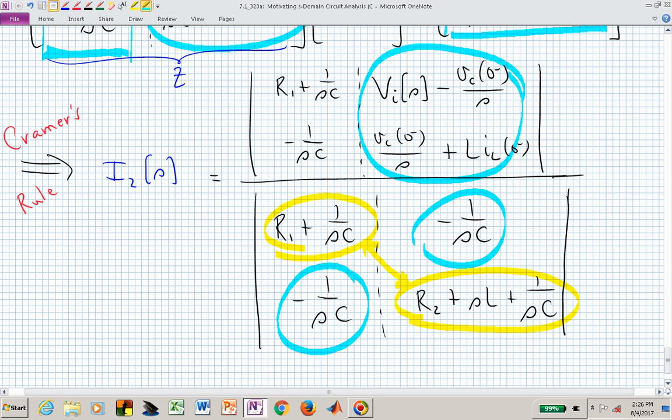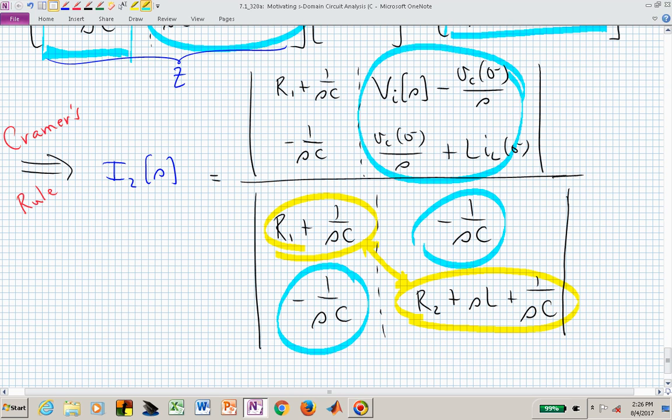We are simply playing with algebraic techniques, but now our algebra involves rational expressions of S. As long as we keep track of those, we will end up with an I sub 2 that is a rational expression in S, which scaled by R sub 2 provides us with V sub 2.